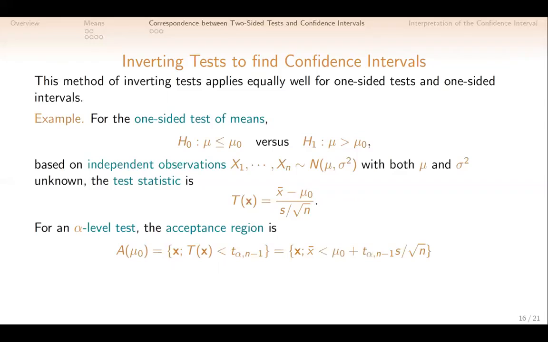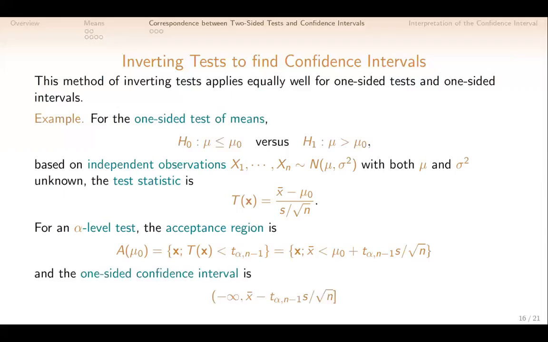So I put in what t is and isolate x bar just like I did before, and that says I will accept if x bar is below mu naught plus t alpha, the critical value for an upper tail probability of alpha with n minus 1 degrees of freedom, times the standard deviation over the square root of n.